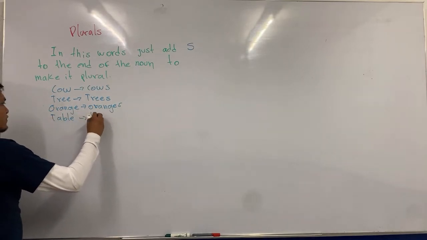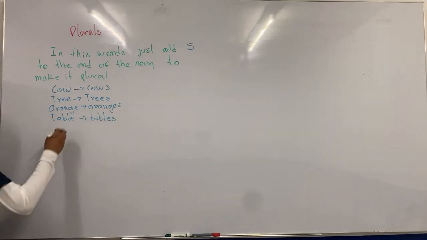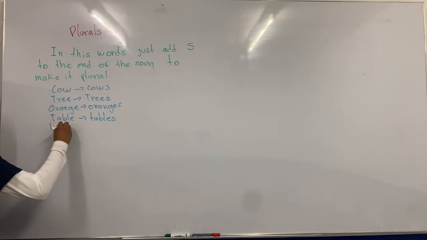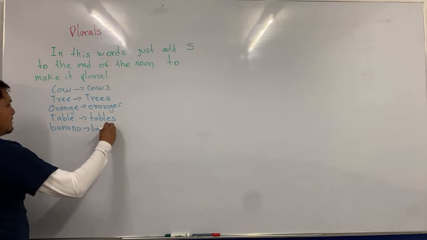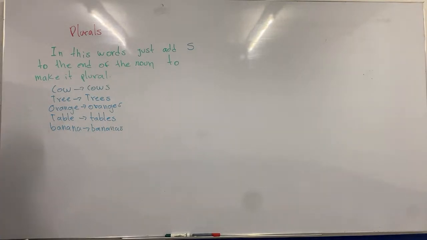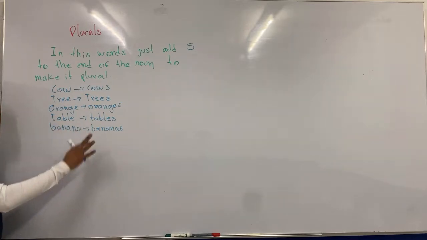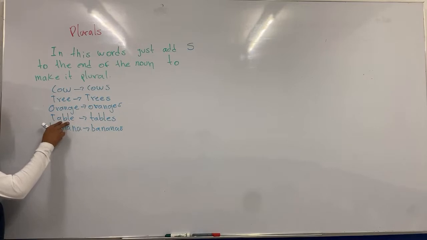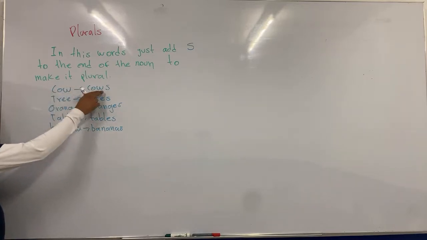Table, tables. Banana, bananas. Únicamente tienes que agregarle S al final del sustantivo para convertirlo en plural. Banana, bananas, table, tables, orange, oranges, tree, trees, cow, cows.